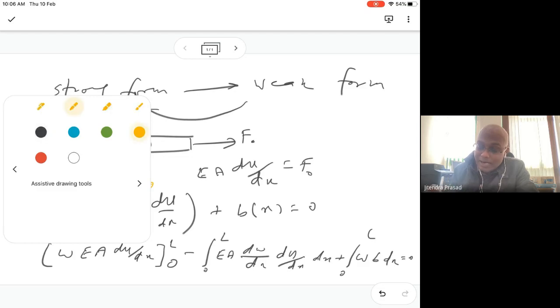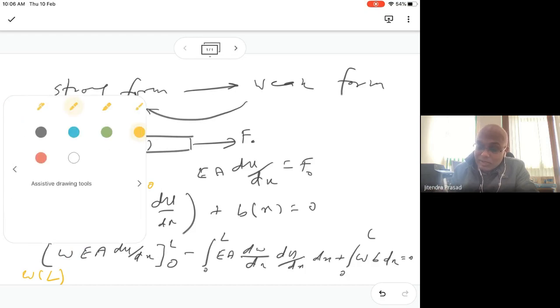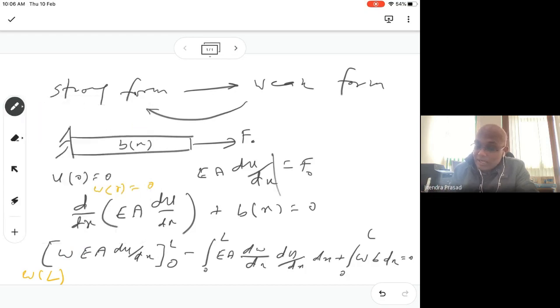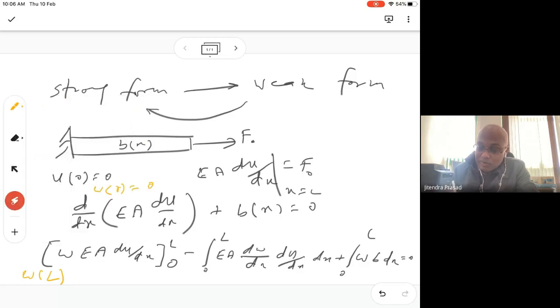That really means here we can have WL times EA du over dx at x equal to L. The x equal to L condition is f naught, so we get WL times f naught, and then minus W0. W0 is 0, so that term will not be there. And then we have the other things.